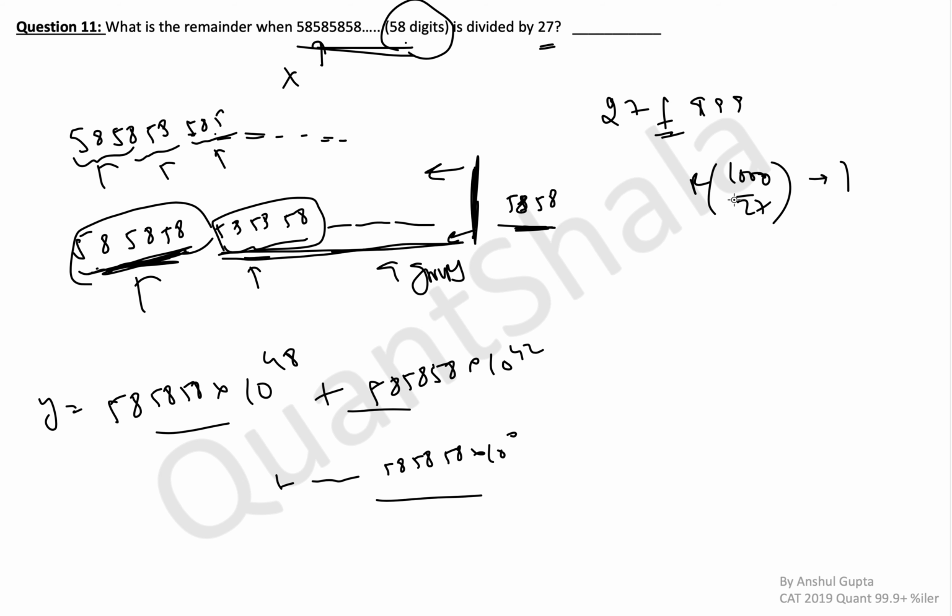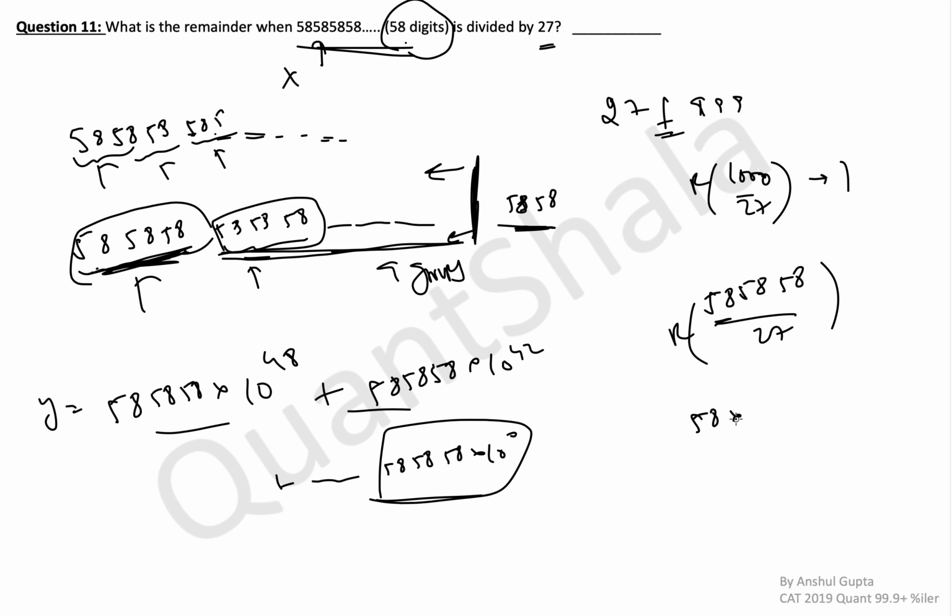Now the remainder of a power of 1000 with 27 is 1. Computing the remainder of Y with 27 is what we want to do now. So the remainder of this will be the remainder of 585858 with 27. Let's first calculate that. What will it be? Many ways to calculate it. Either you can directly divide the entire thing or you can use some shortcuts. Okay. So what I'm going to use is some basic remainders concept.